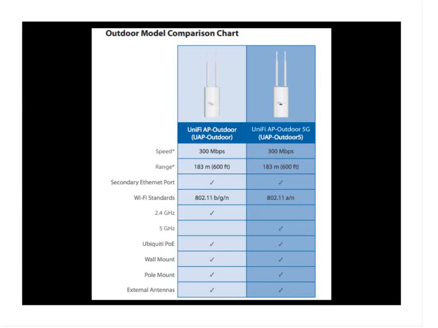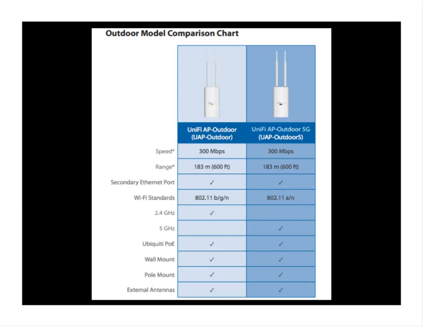And then today we have two outdoor access points that are part of the family, the UAP Outdoor and the UAP Outdoor 5. As the name suggests, the first one is a single band outdoor access point at the 2.4 gigahertz band, and the second operates at the 5 gigahertz band.